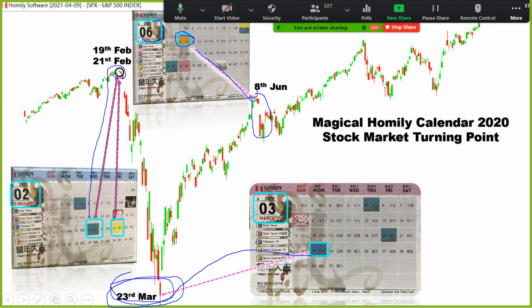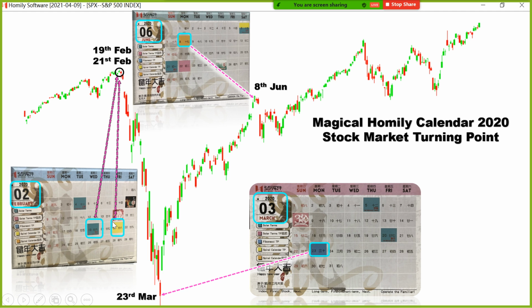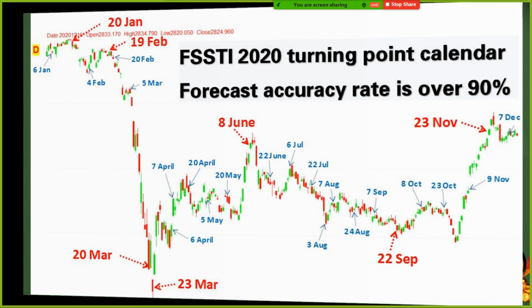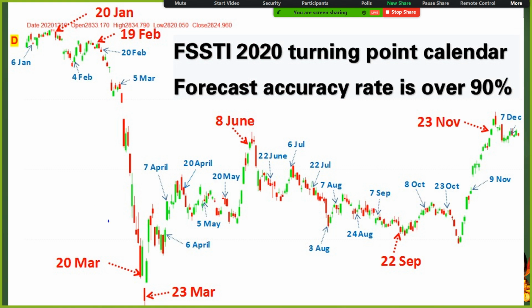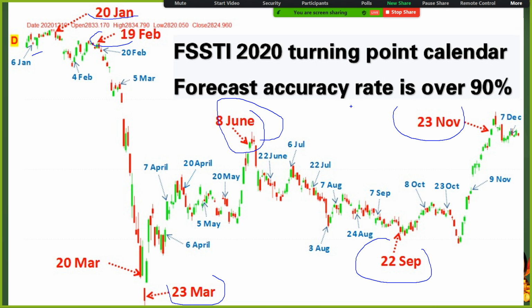You see? And for the Singapore market, also very cool. The whole year, each month we got 2 or 3 turning points. Very cool. January, you see the 20th January, 6th February, yes. You see June, the 8th June, November, September, yes. Very cool. Very accurate. The possibility can touch 90%.